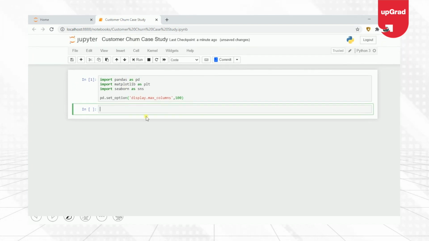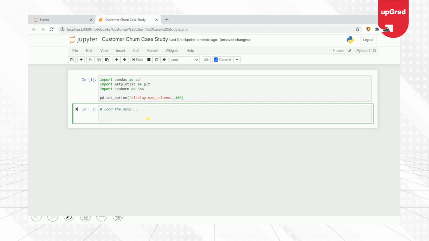Once we have loaded the required libraries, the next step is basically to load the data. The data that we are working on is telcochurn.csv. So let us create a data frame here and use the read CSV method to load the data.